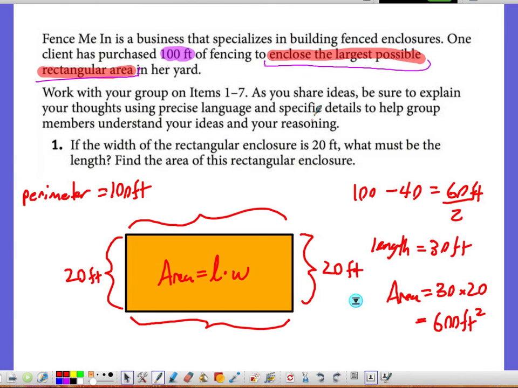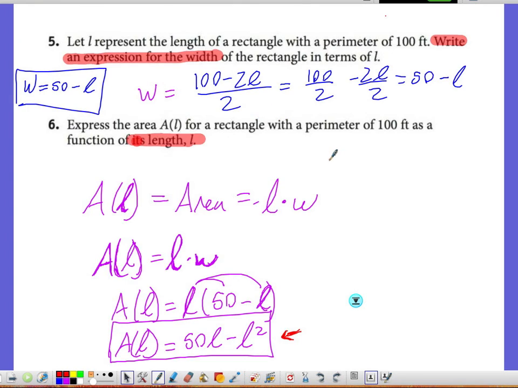So that answers this question. With 100 feet of fencing, the largest possible rectangular area is going to be where my length is 25 feet, which gives me an area of 625. There we go.